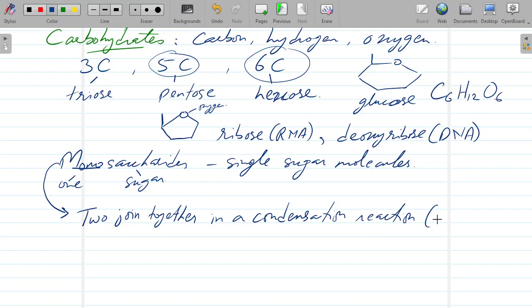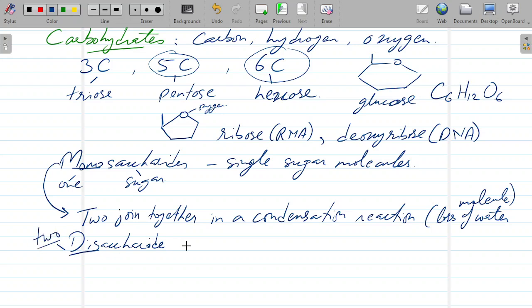And that's basically meaning that when two molecules join together, there is a loss of a water molecule. And then they form disaccharides. Di meaning two, saccharide meaning sugar. So these guys have two molecules.